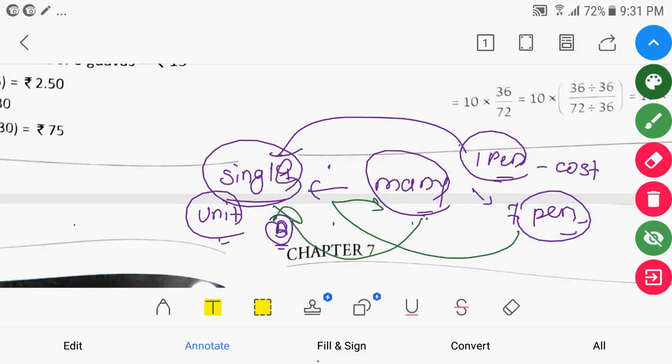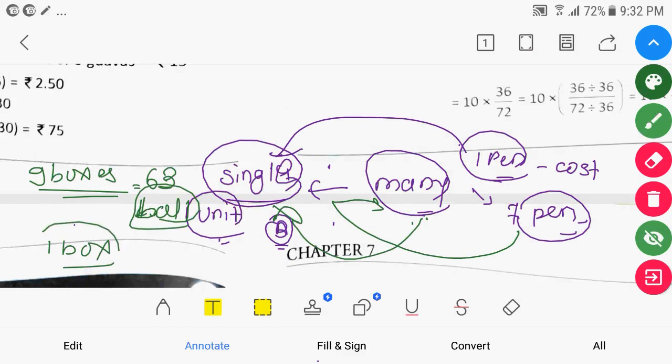For example, in 9 boxes there are total 63 balls. Okay, so in the 9 boxes there are 63 balls. So how many balls are there in one box?